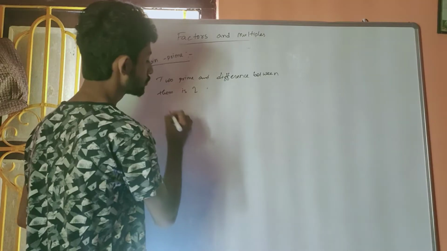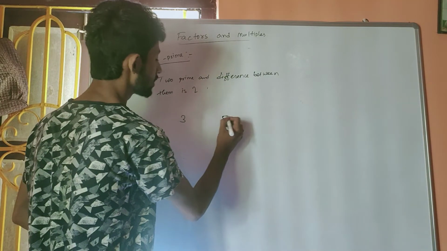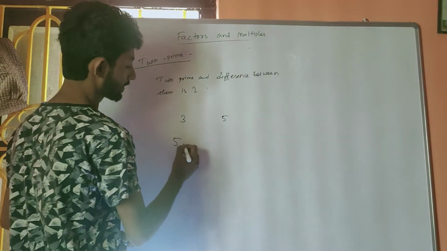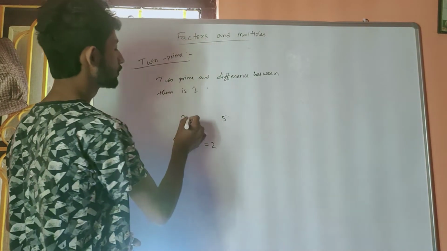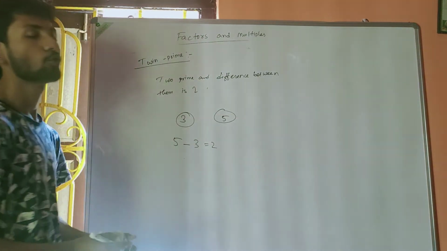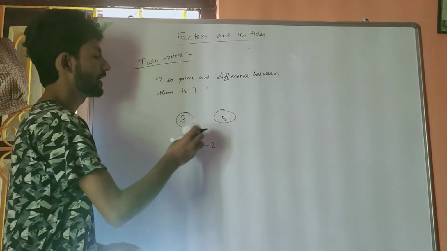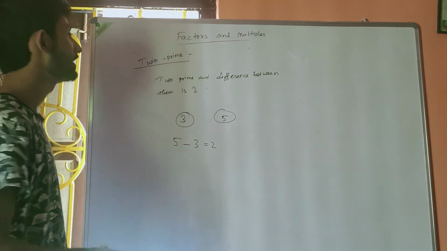Suppose 3 is a prime number, 5 is also a prime number. Now we subtract: 5 minus 3 is 2. So 3 and 5 are twin primes to each other.